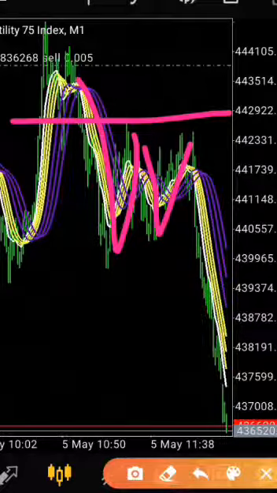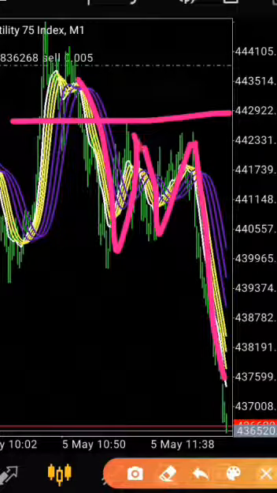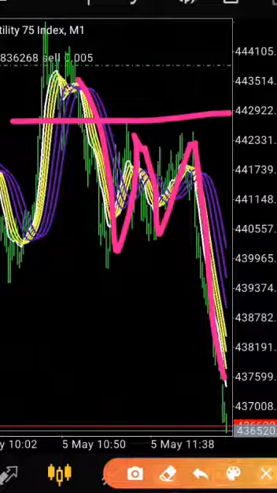But it did not reverse, so it went back up. With the analysis on, I knew that this trade is going to go down. That was what I was using.